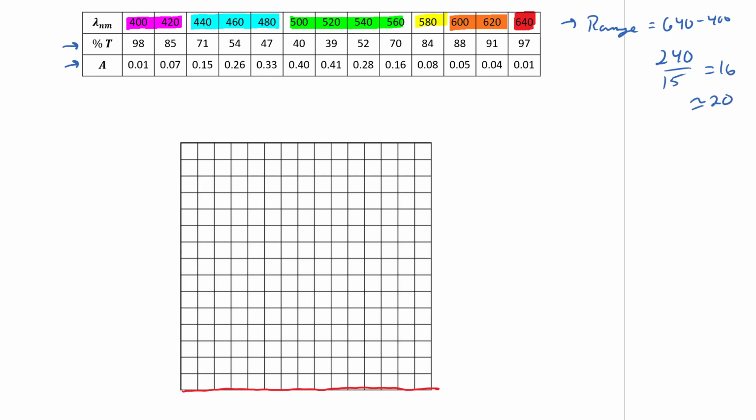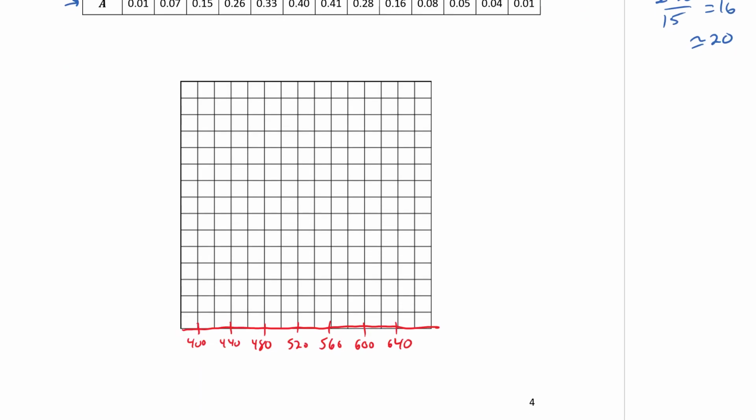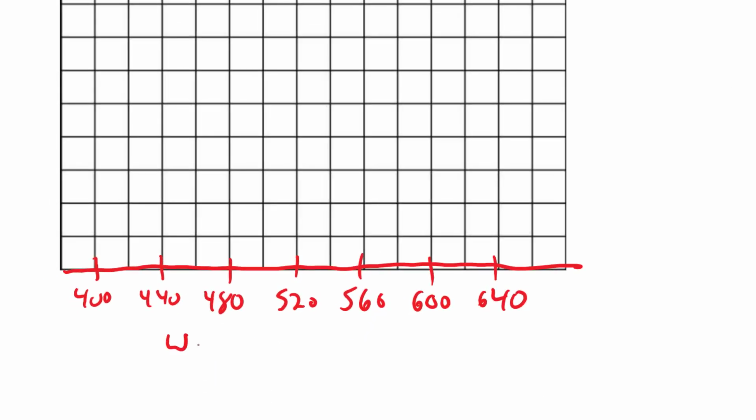We'll say every box is about 20. Notice this graph will not start at 0, 0, the origin. I'm going to start right here, 400. Every box is worth 20, so every 2 boxes is worth 40. And that should get all of our data on that graph. Our label is wavelength. Lambda represents wavelength, and our units are in nanometers.